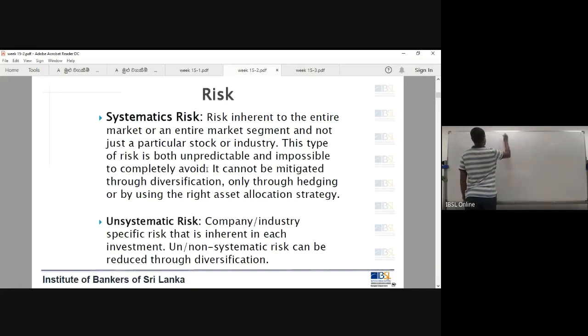risk can either be systematic or unsystematic. Right? Systematic risk cannot be diversified.